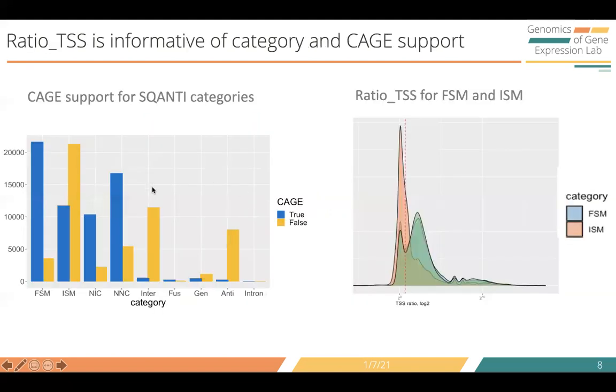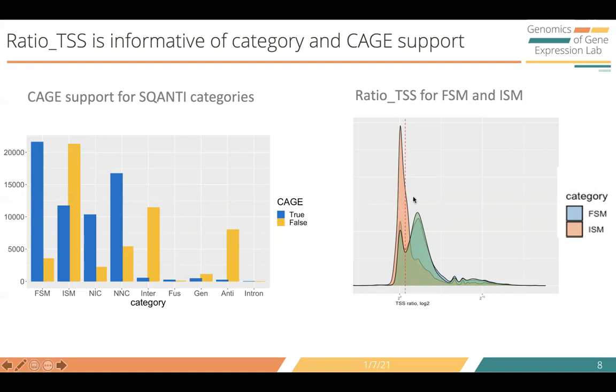When we look at some example data, we find that CAGE support is good for full splice matches, as expected. However, for incomplete splice matches, it's mostly non-covered by CAGE peaks, although there is a significant fraction of these transcripts that have CAGE support and could be bona fide transcription start site transcripts.